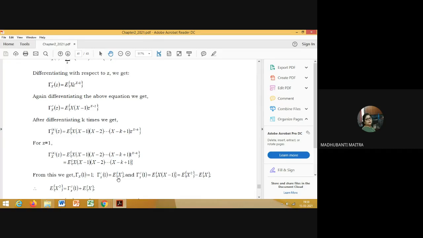Now, let's look at the second derivative. Here again, if we evaluate that at z equal to 1, the second derivative at 1 will be equal to the expected value of x into x minus 1. That is, it will be equal to the expected value of x square minus the expected value of x.